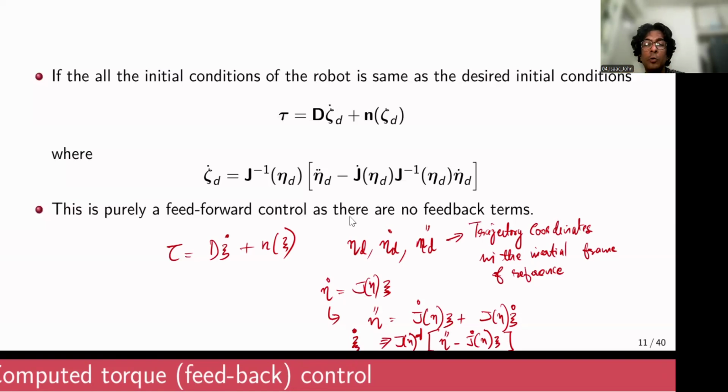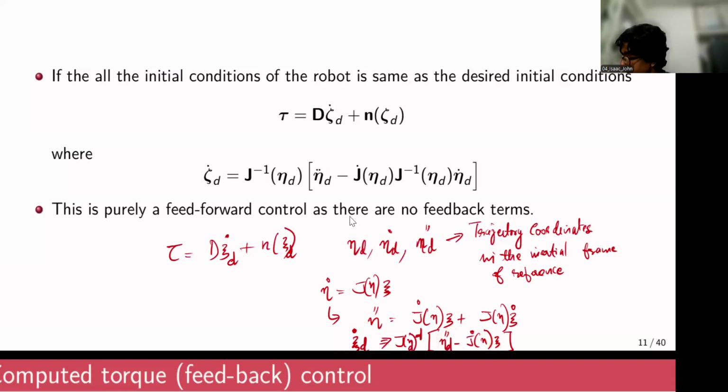So what you do in an open loop control scheme, or an open loop inverse dynamic scheme, is that instead of the actual coordinates, zeta dot, zeta, eta, you simply plug in the desired variables. So this becomes zeta desired dot, this becomes theta desired, this becomes zeta desired, and this becomes eta desired.